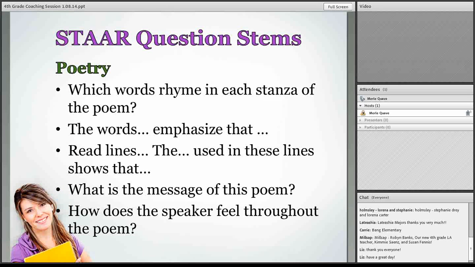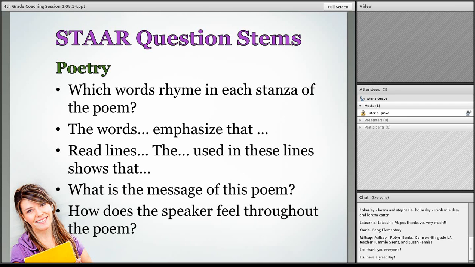STAAR question stems. These are the stems that appeared on the fourth grade test, the release test. And as you can see, the first one, which words rhyme in each stanza of the poem, is the only one that doesn't require making an inference. That's specifically related to the structure.